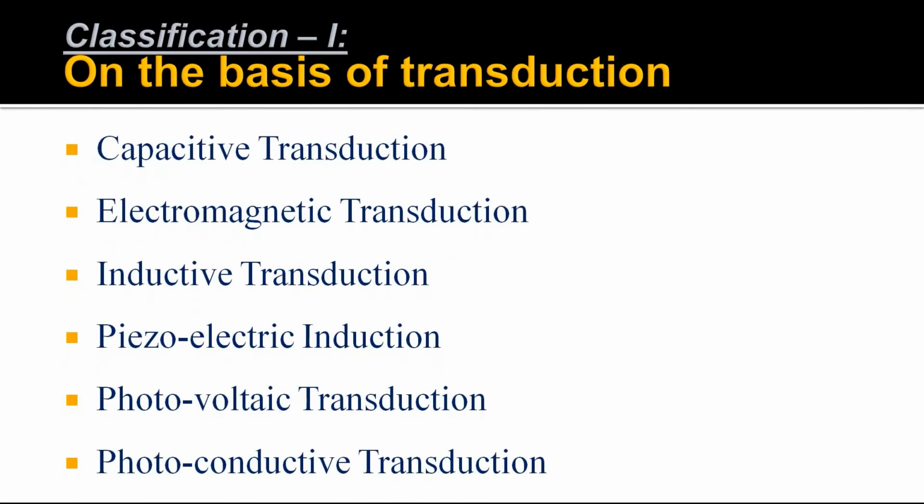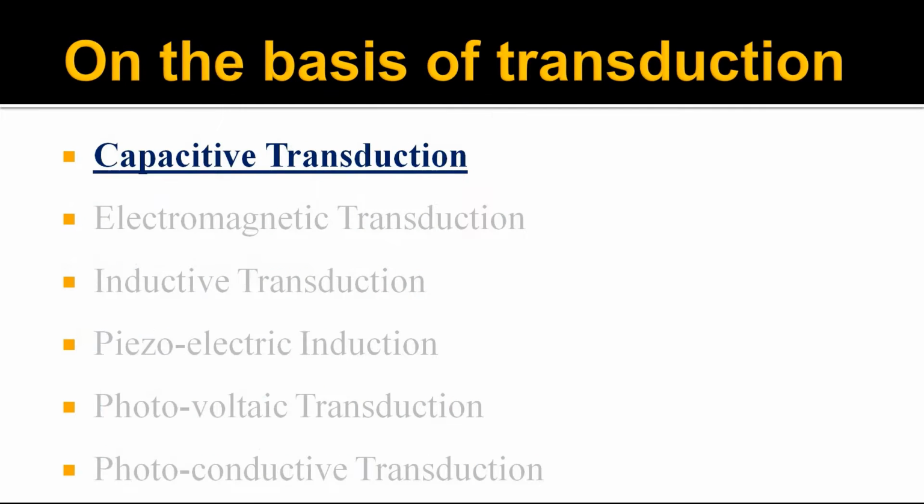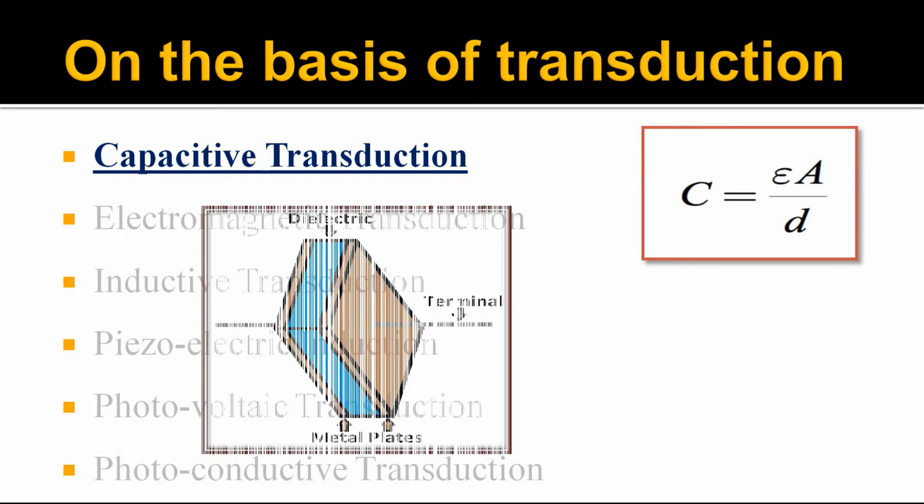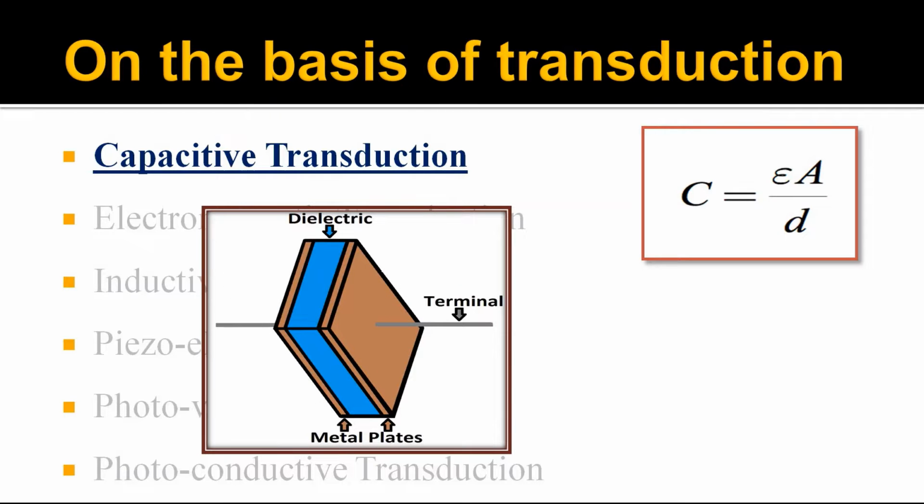On the basis of transduction, we have the following classification: capacitive transduction, electromagnetic transduction, inductive transduction, piezoelectric transduction, photovoltaic transduction, and photoconductive transduction. So first of all, let's talk about capacitive transduction.